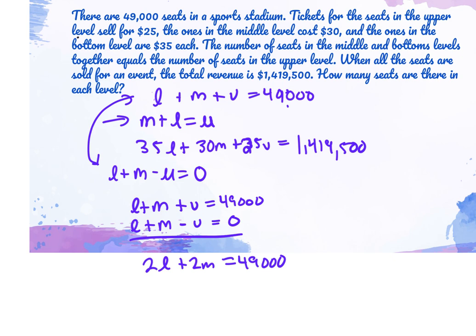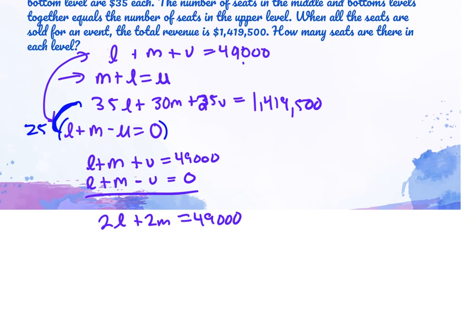Now I'm going to take these two, and I'm going to multiply this one by 25, because it's going to be pretty easy to work. So I've got 35 lower plus 30 times the middle plus 25 for the upper equals 1,419,500.